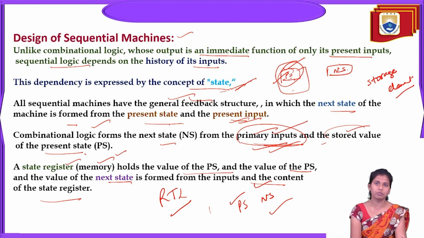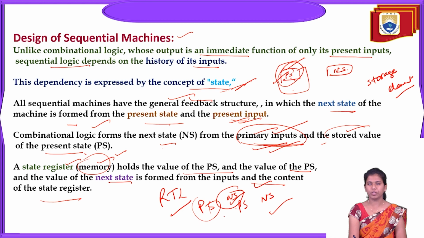Whatever the present state (PS) and next state (NS) are holding can be stored overall in a register. We call that register the state register. It holds a memory obtained from the present state and the next state.